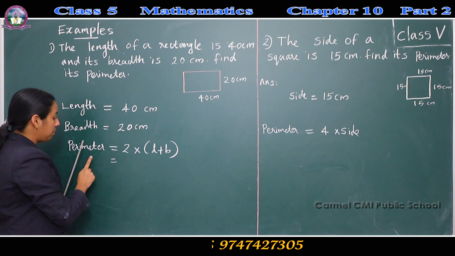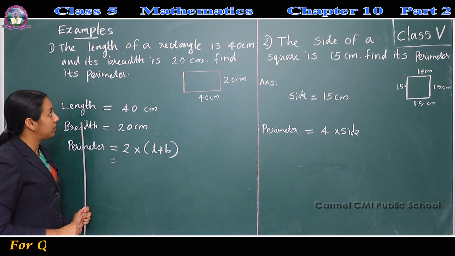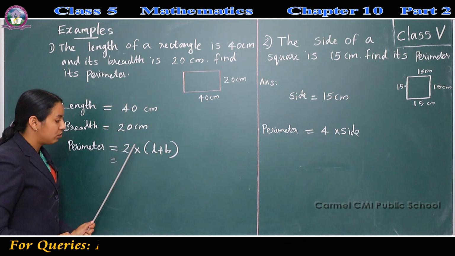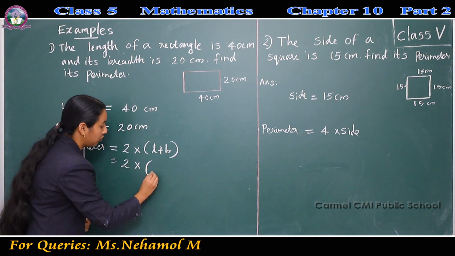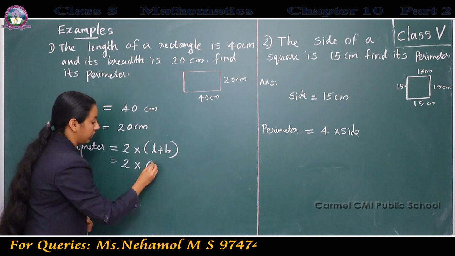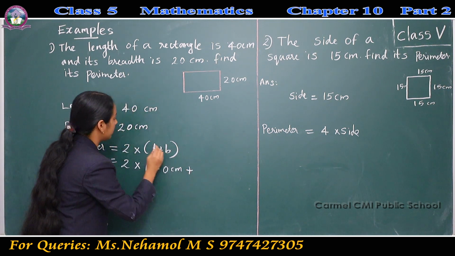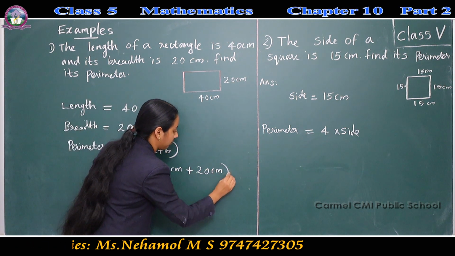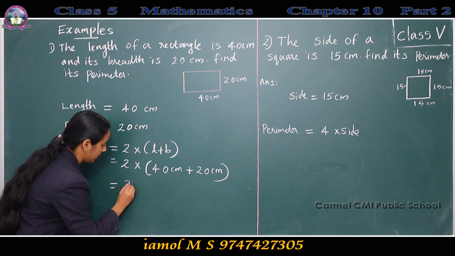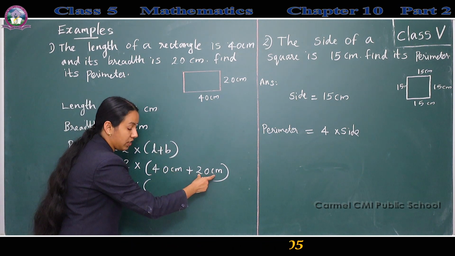What is the formula? Perimeter of a rectangle is 2 into (L plus B). That is equal to 2 into (40 centimeter plus 20 centimeter).